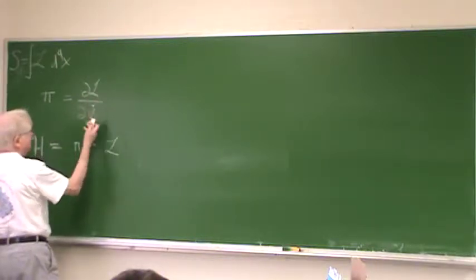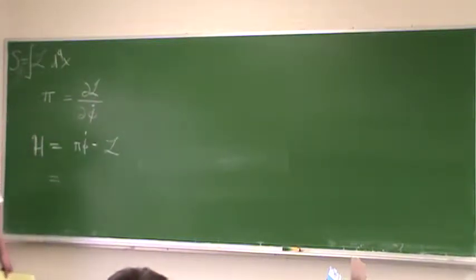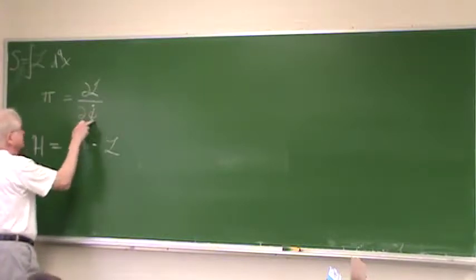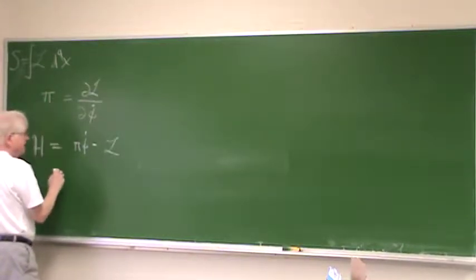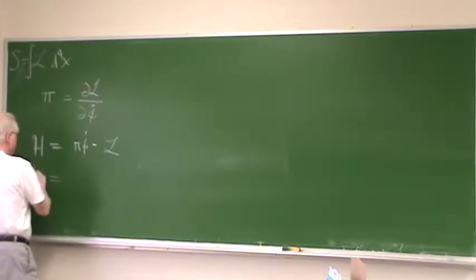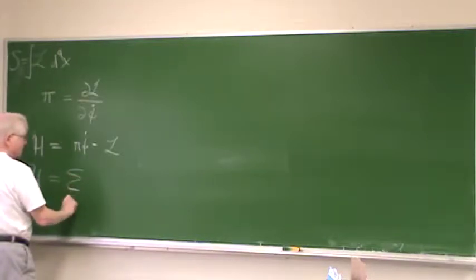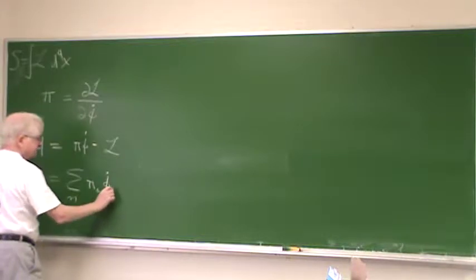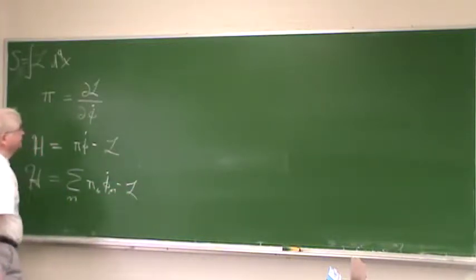This is quite general, but I was thinking of one field. If there are more than one field, then you have several fields and several conjugate momenta, and H would be a sum over the different fields, pi sub n phi dot sub n, minus L.